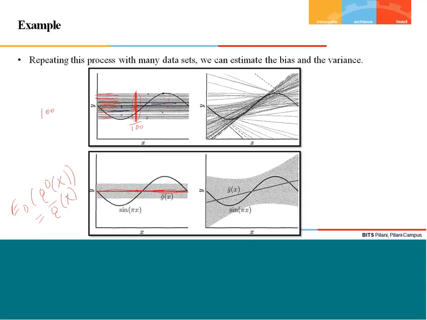So when I calculated the variance for this given x, I get this value because variance is a square, so it is in both directions. For example, let's say this point is 0.3.